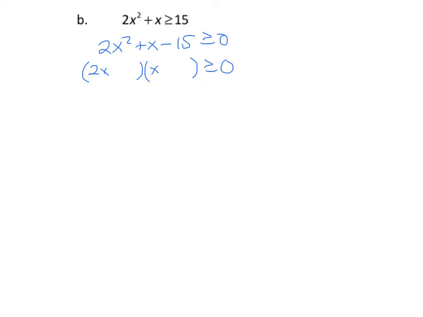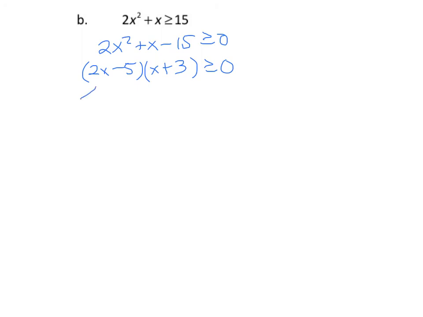I'm going to use 3 and 5 with a 5 here and a 3 here, and this should be negative and positive. So now we have it in factored form, and we want to find the zeros.